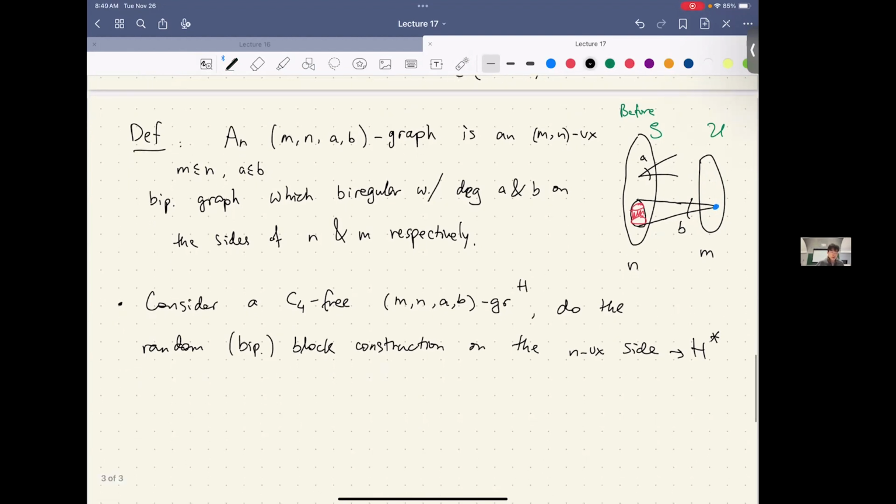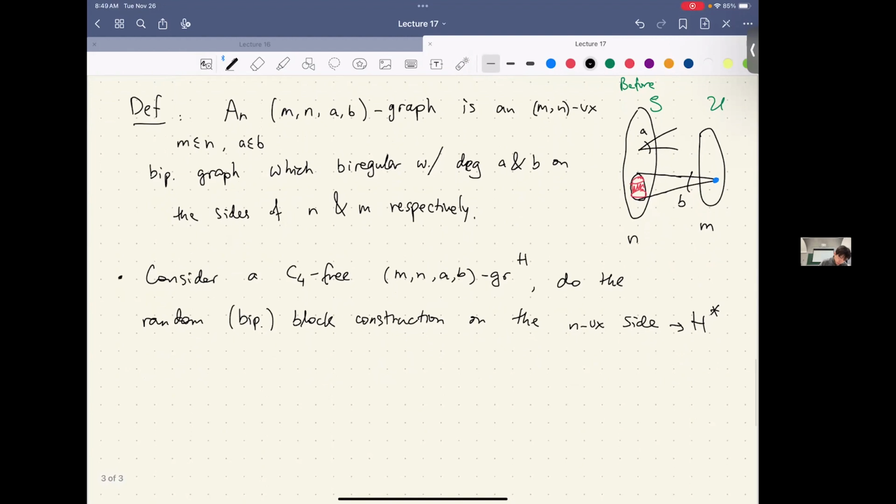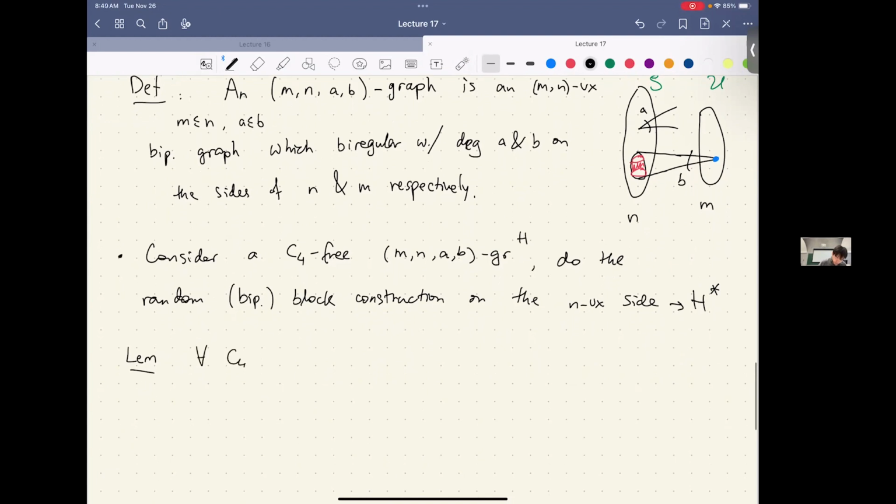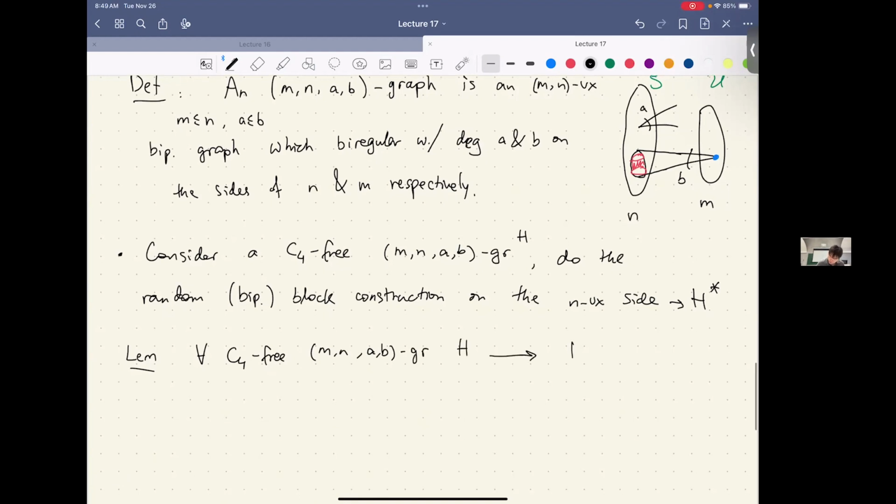So here's a lemma which is useful. I will not prove it, and it says that for every C4-free (m, n, a, b) graph H, now you do this random bipartite block construction on the m vertex side, you get H star.